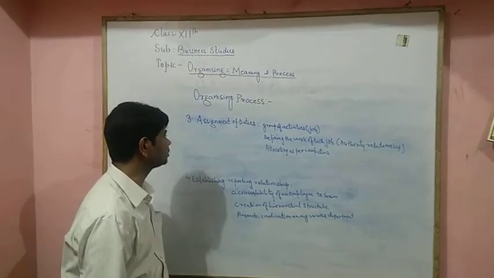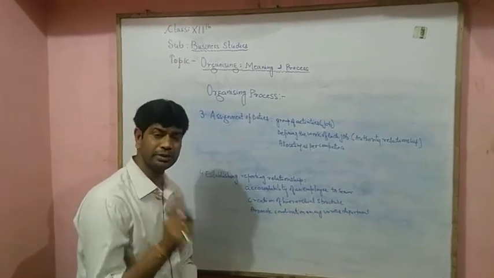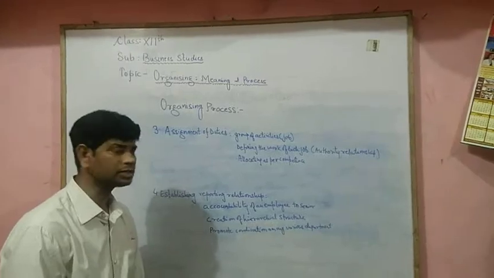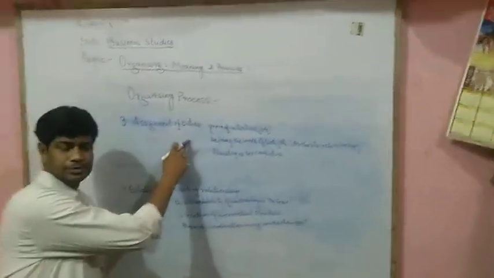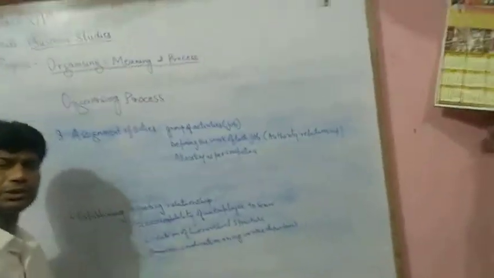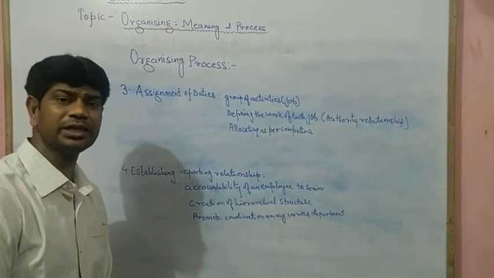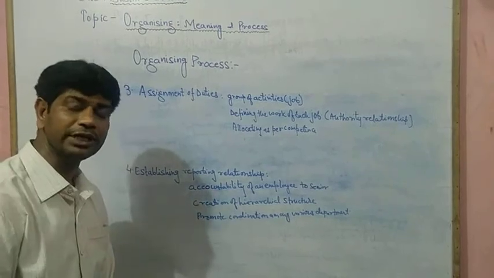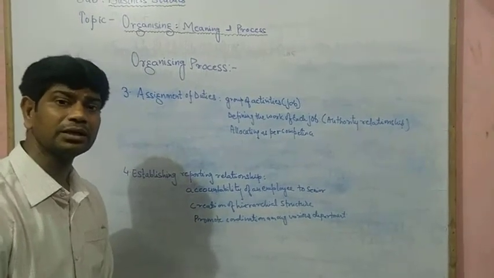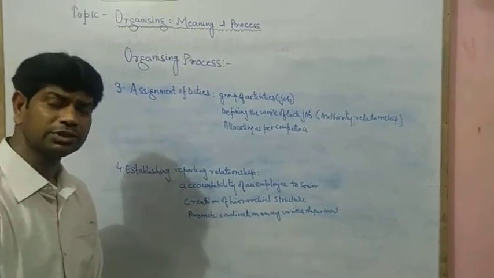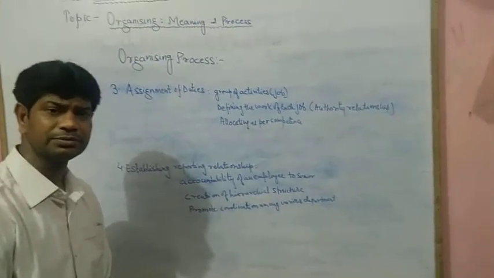So now the third step in the organizing process is assignment of duties. Now we know that organizing is basically concerned with grouping of activities that are necessary for the achievement of objectives.